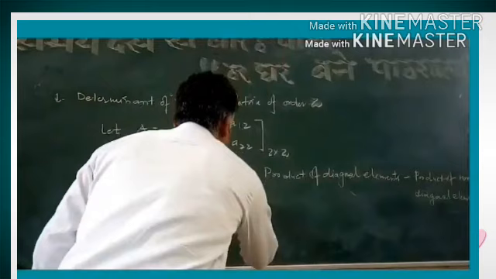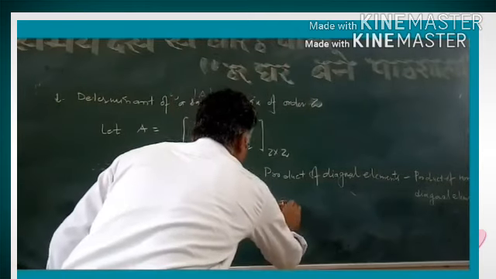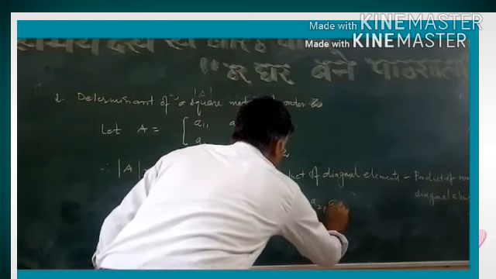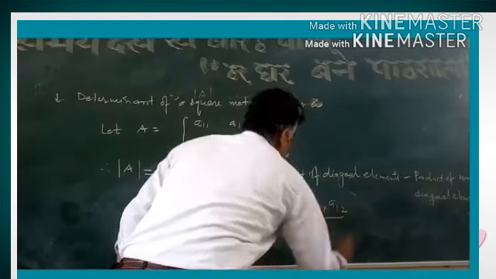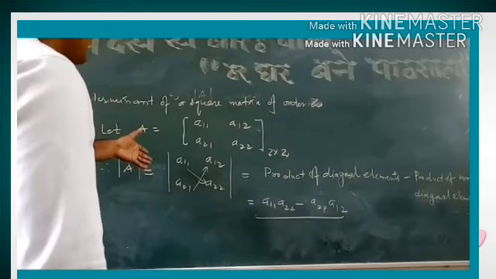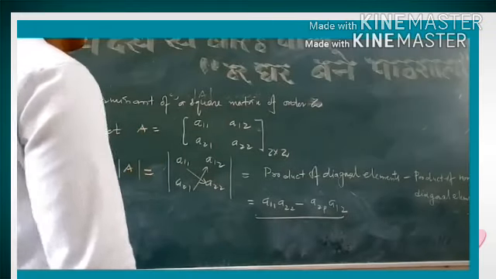Therefore, we have a11 a22 minus a21 a12. This is the value of the determinant of a square matrix having order 2.